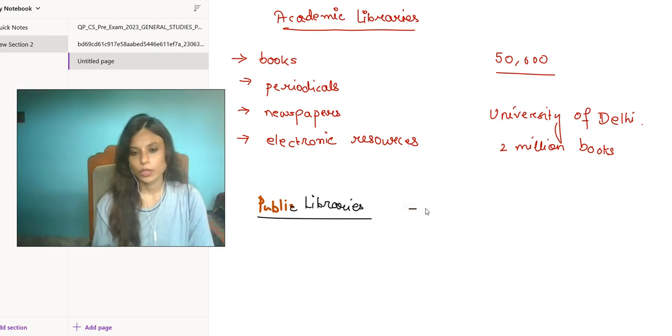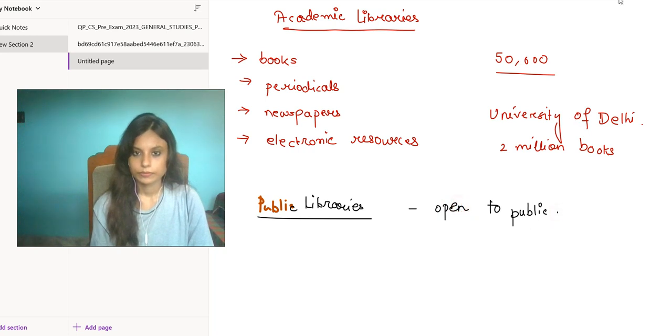From the name itself, you can understand, open to public. Public libraries have a variety of resources, so definitely they can be available to people of all ages.